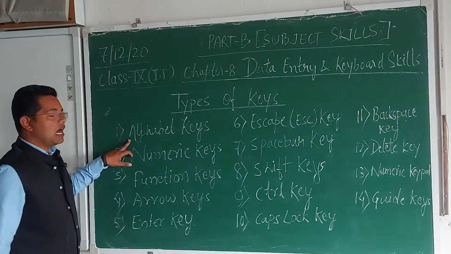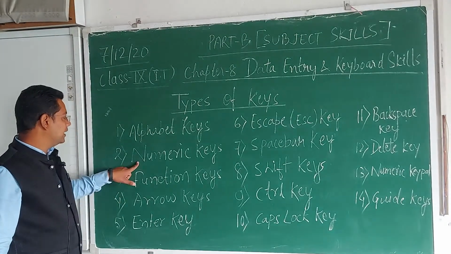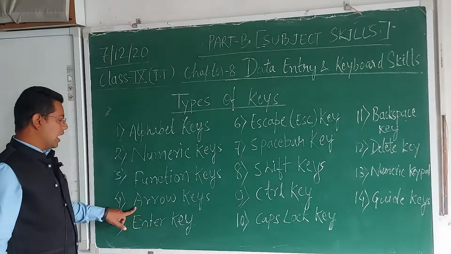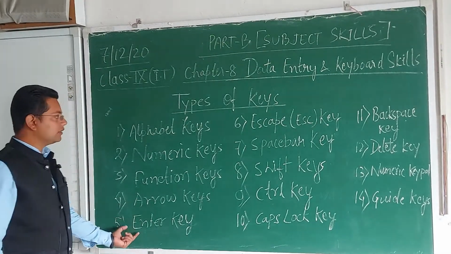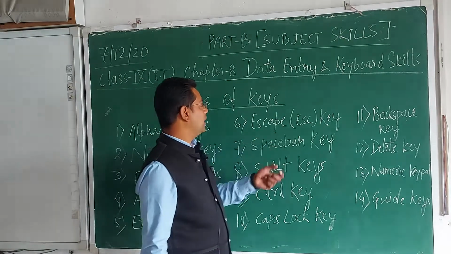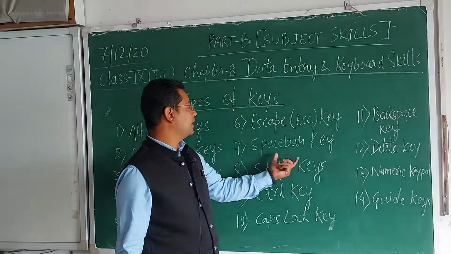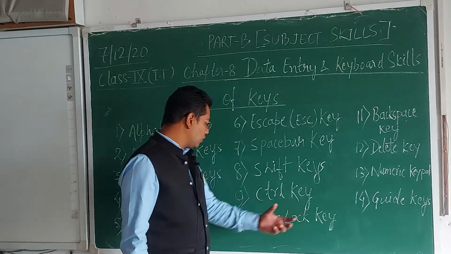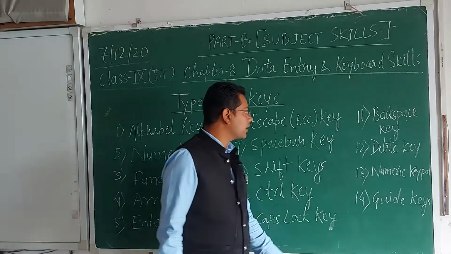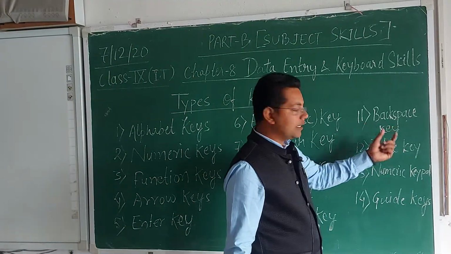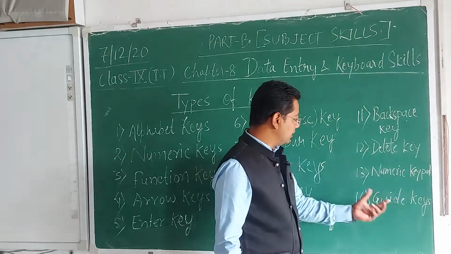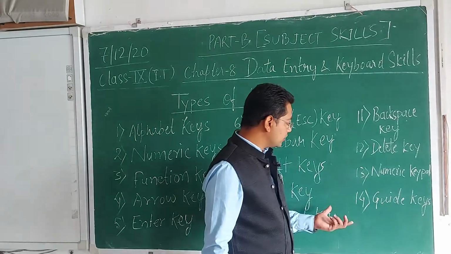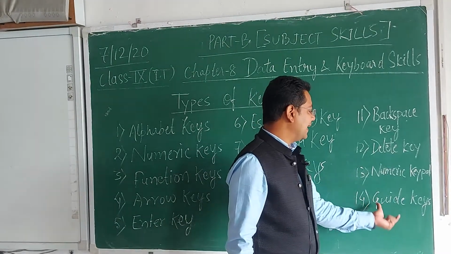The first one is alphabet keys, the second one is numeric keys, the third one is function keys, the fourth arrow keys, fifth enter key, sixth escape key ESC, seventh spacebar key, eighth shift keys, ninth control key, tenth caps lock key, eleventh backspace key, twelfth delete key, thirteenth numeric keypad, okay, I will discuss about this, okay, fourteenth guide keys.